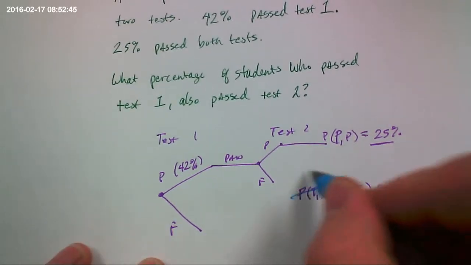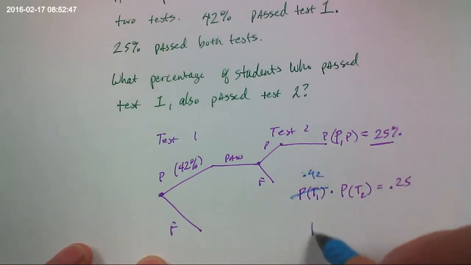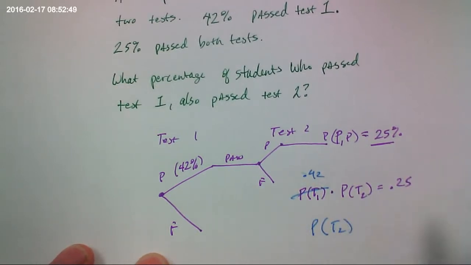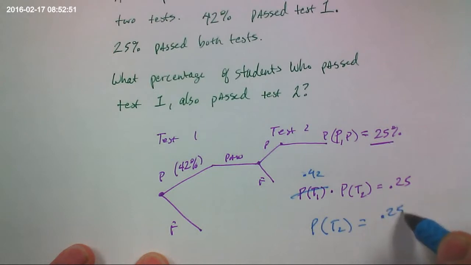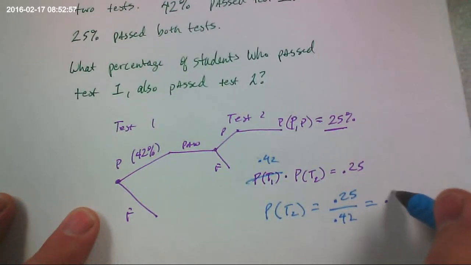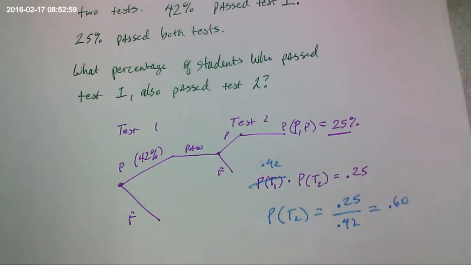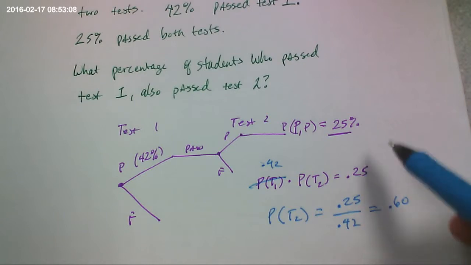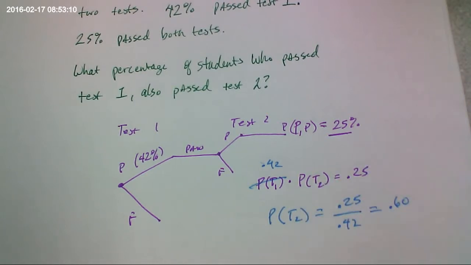And you know this is 0.42, so Jubin said that the probability of passing test 2, given you passed test 1, would be found by that. Turns out that's 60%. Would it be 0.42 divided by? Uh-uh. Yeah, because see why I wanted you to be careful with just random numbers.